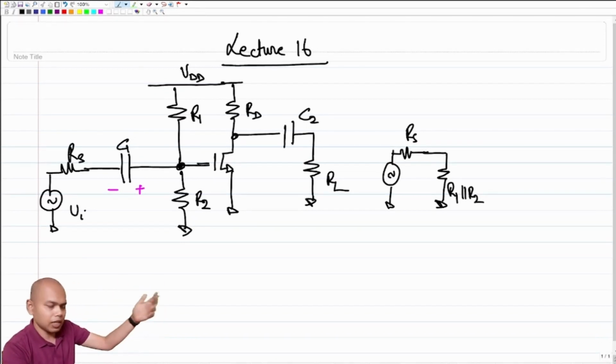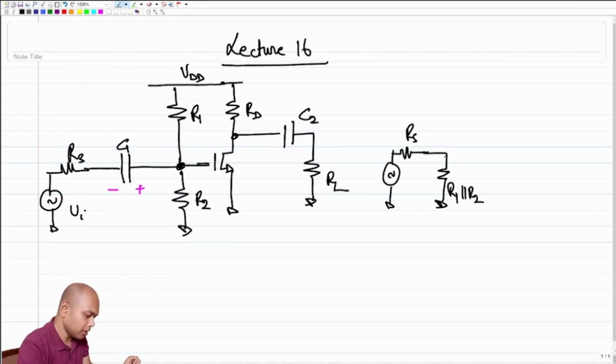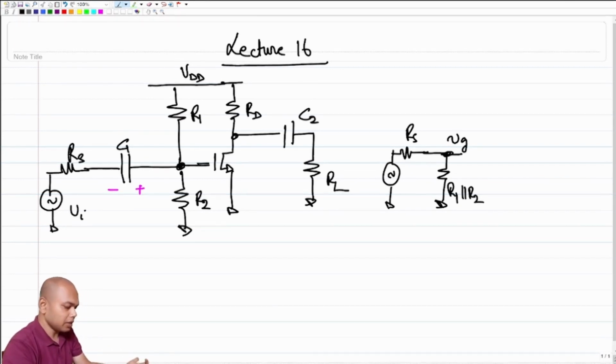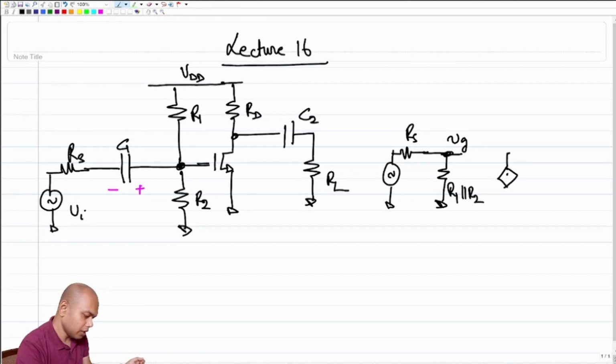Because VDD is grounded incrementally, this voltage is VG. What should I replace the MOSFET by? Assuming that the MOSFET is biased in saturation, the incremental equivalent of a MOSFET is only Gm times VGS. The source is grounded, so essentially this becomes Gm times VG.